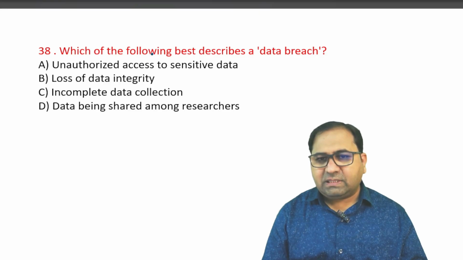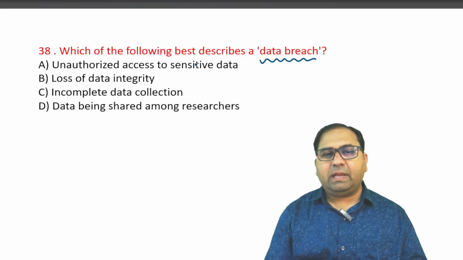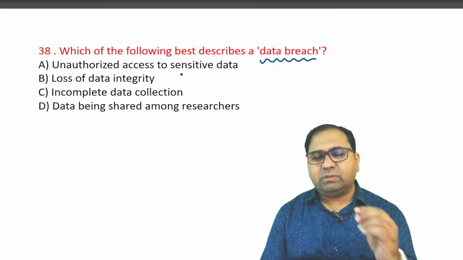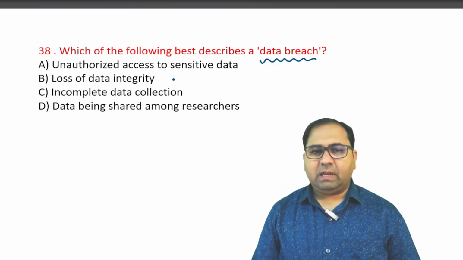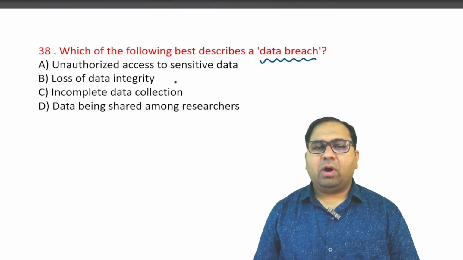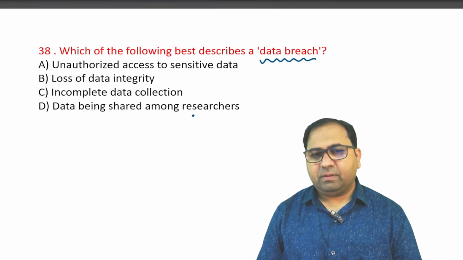Which of the following best describes a data breach? Options are A, unauthorized access to sensitive data, B, loss of data integrity, C, incomplete data collection, or D, data being shared among researchers.